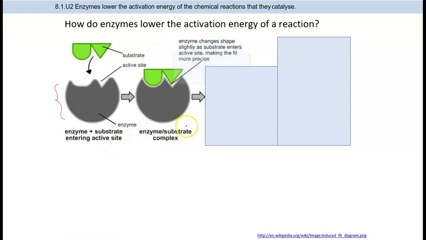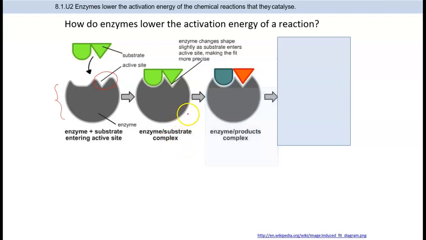And then the next step would be the enzyme substrate complex, and the enzyme changes shape slightly as the substrate enters the active site, making the fit more precise. So if there is a little difference in the active site, the enzyme tries to adjust in order to exactly fit with the substrate. And then the enzyme substrate complex will be formed.